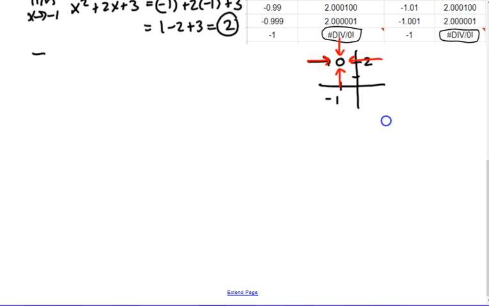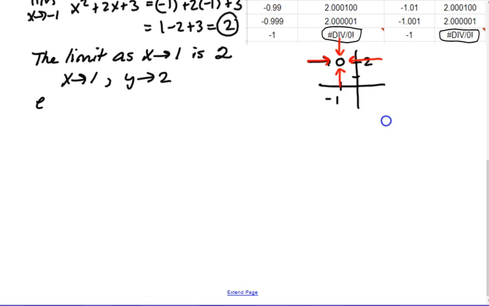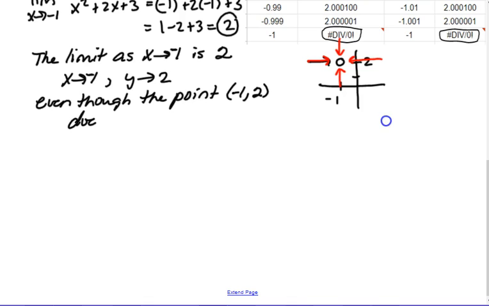So this is still a limit. We can still say the limit as x approaches negative 1 is 2. In other words, x getting close to negative 1 means that y is getting close to 2, even though the point negative 1, 2 does not exist.